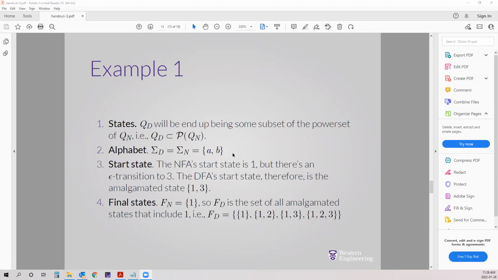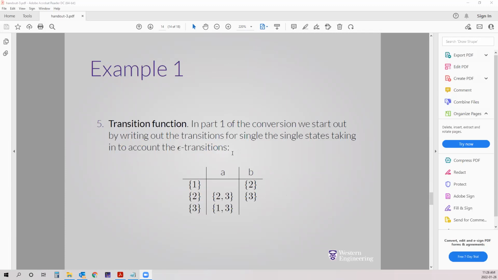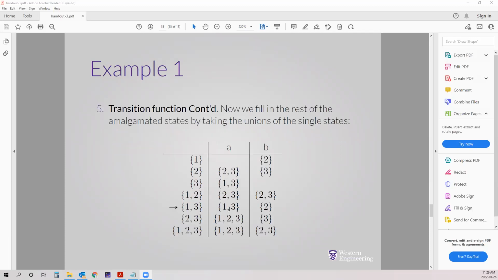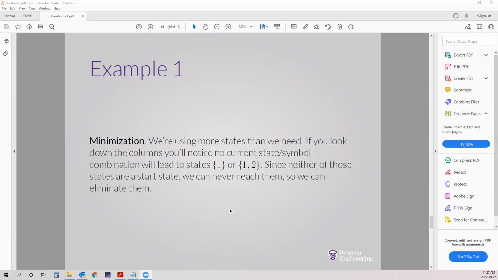So how will we do this? These are the steps as explained before. Here we'll have A and B, and if we are at 1 and receive A with epsilon, we will go to 2 and 3, all these combinations. Then we'll continue to fill in the table with combinations or single states.